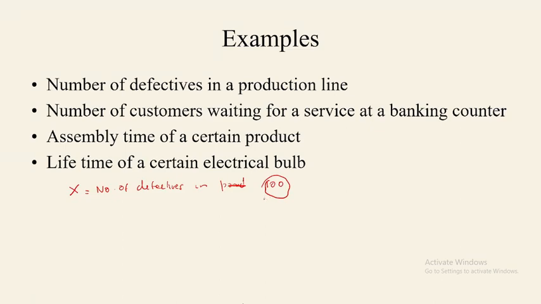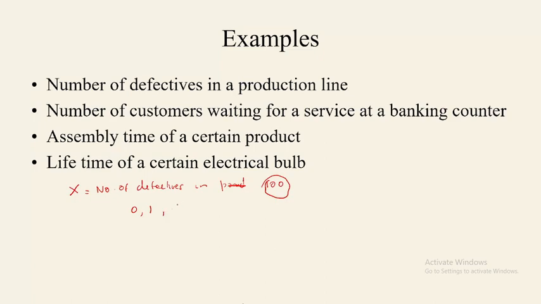If all items are non-defective, then what is the value for X? 0, ma'am. 0, right? If there is only one defective, then X is 1.